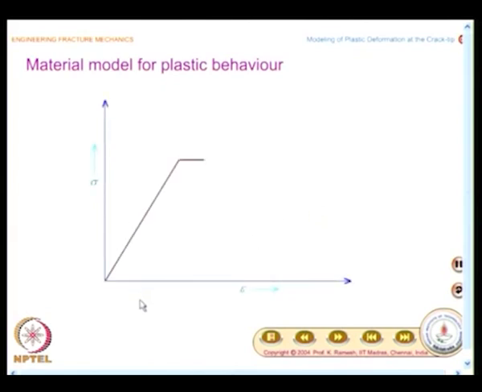And this is just to give a pictorial representation of what we mean by elastic perfectly plastic. You do not consider any strain hardening of the material, because this is simple for us to do the calculation.